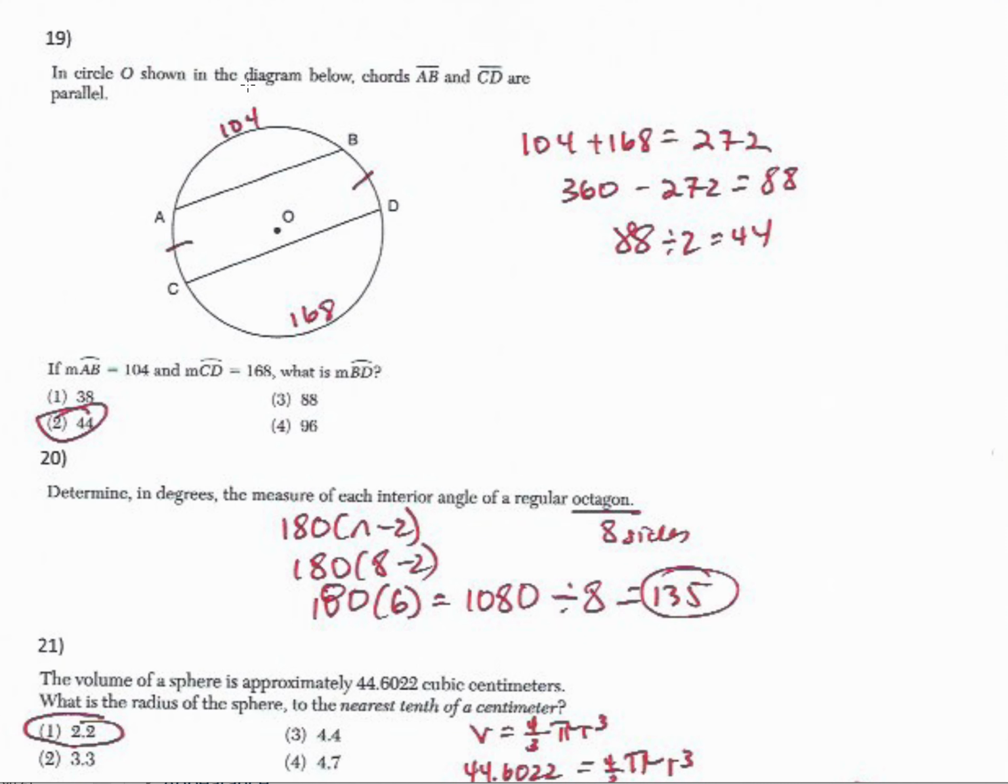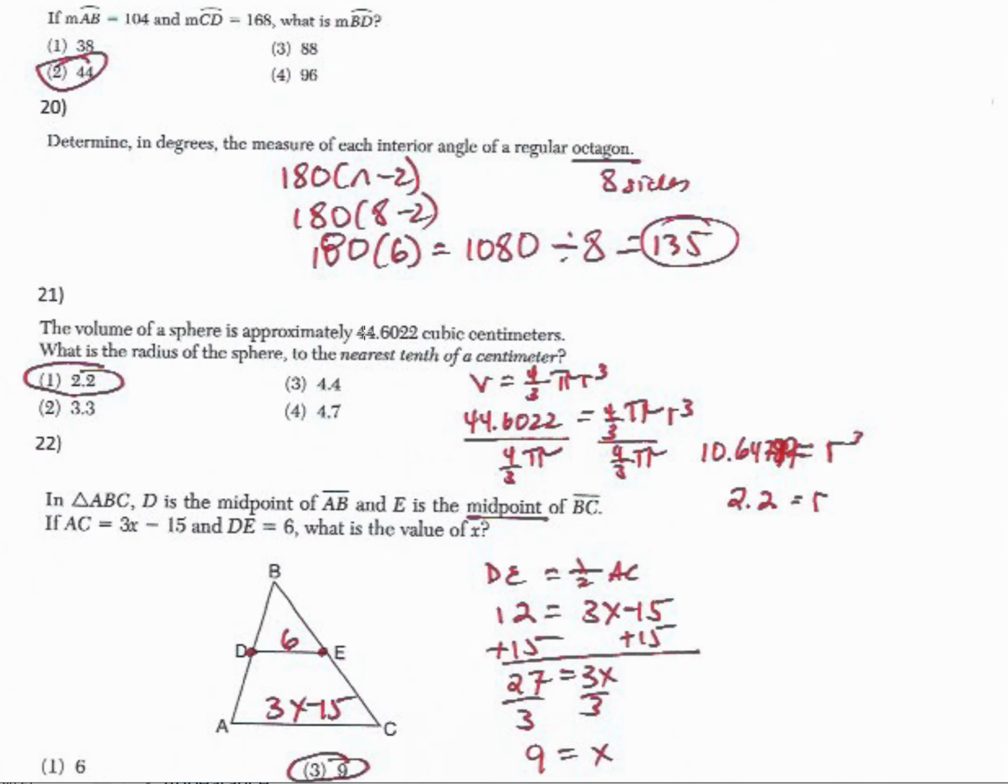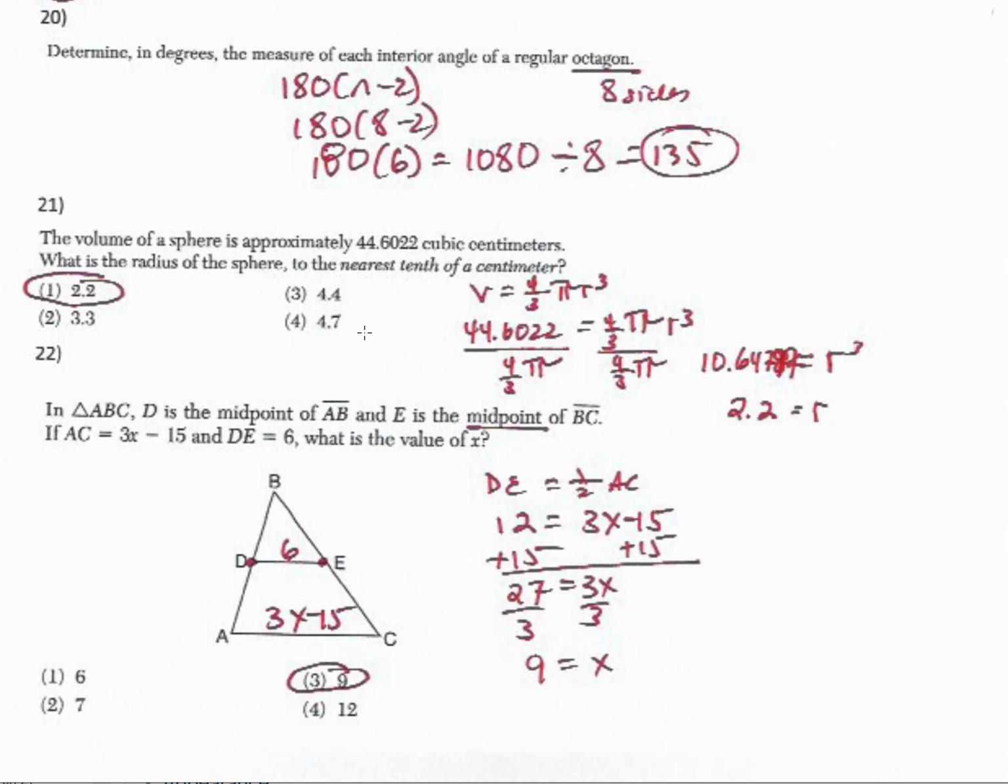And then, since the two arcs, AC and BD, have to add up to 88, the one arc BD is going to be half of 88, or 44.